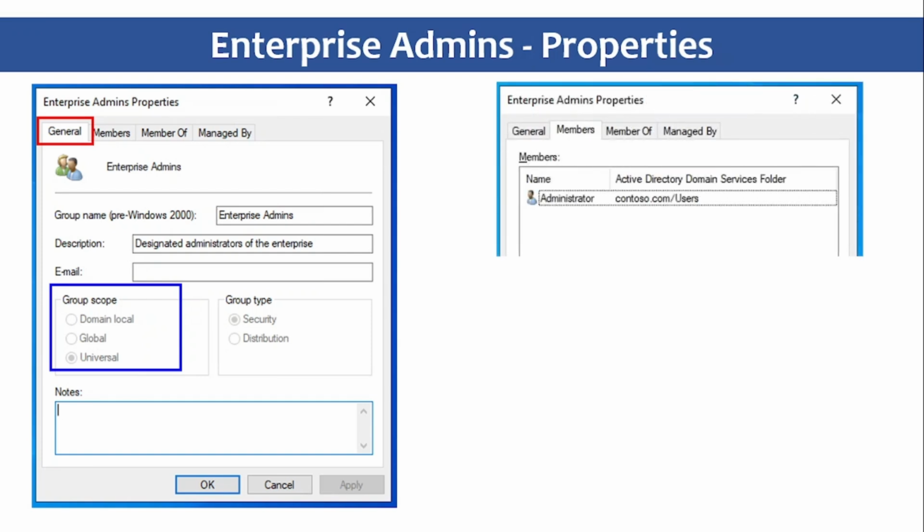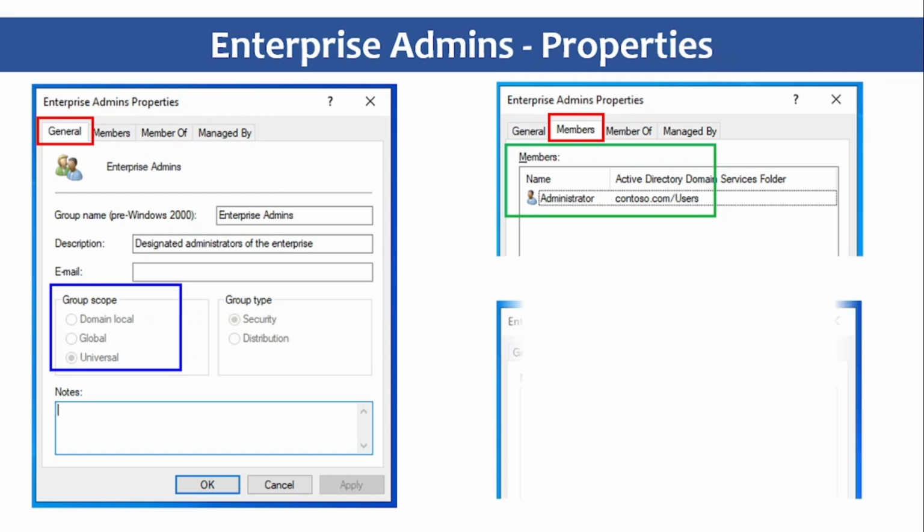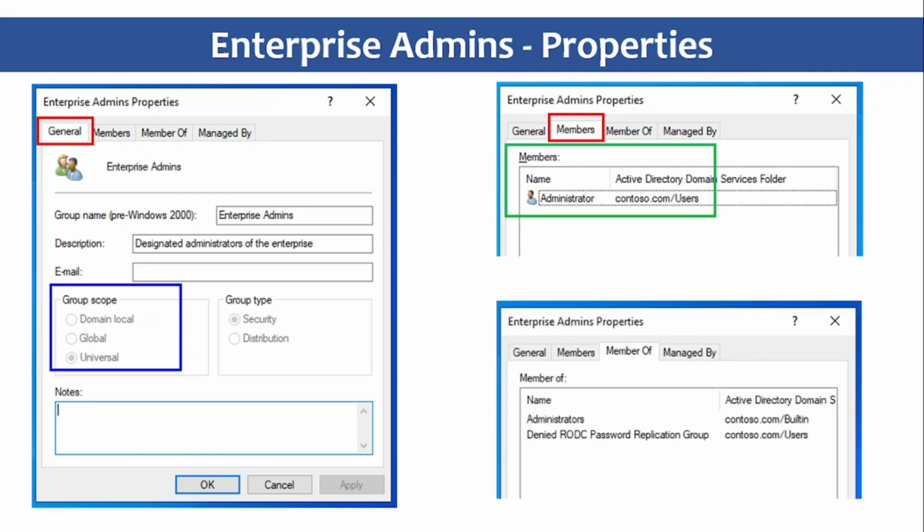And as we discussed, the username administrator of the forest root domain is by default the member of this group. And if you look at member of, it is the member of the administrators group in every domain, making it a super user or a super group.